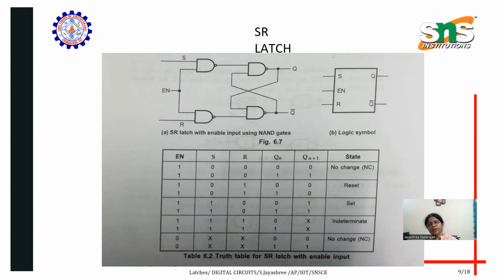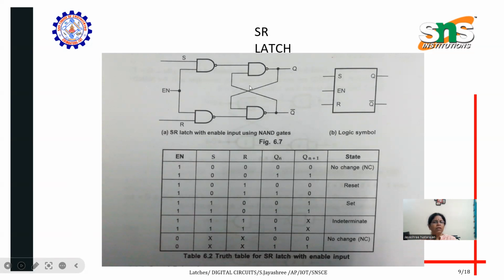We can also develop flip-flops and latches using NOR gates. Here we discuss NAND gates. See the gate diagram. Here the output Q is taken and given as an input, and the Q complement output is given back to one of the gates as an input.